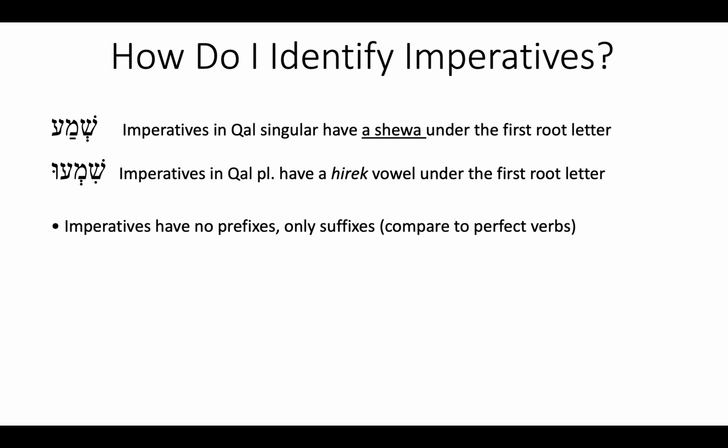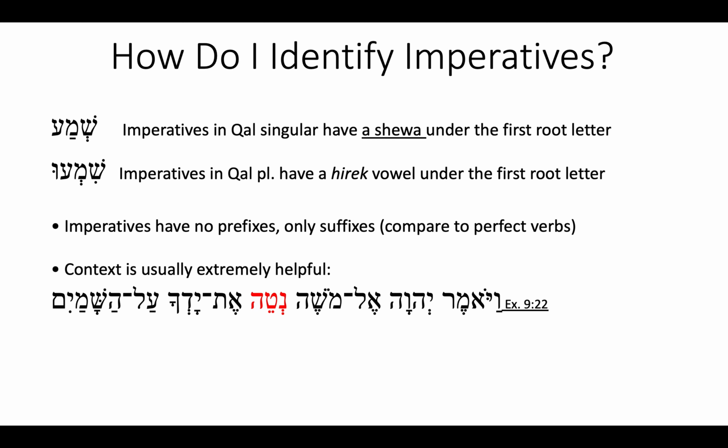Try to keep the perfect verbs separate and distinctive from the imperatives. But probably far more importantly is the context in which these verbs appear. While it seems like they might be easily confused or mistaken for other forms, it's actually not as difficult as it seems, just because the verses will often set you up for an imperative.